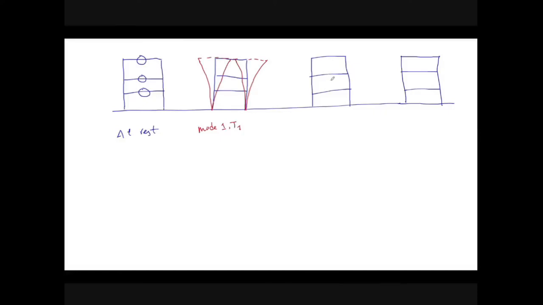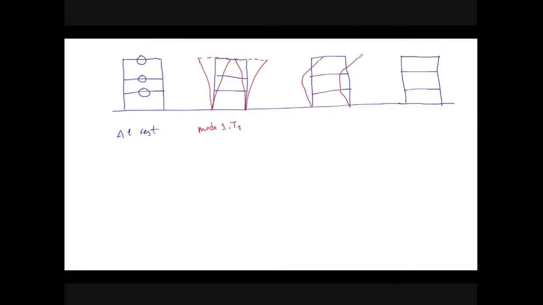In mode 2, the column will move in this manner. You can see now that the top floor is moving towards the right direction, but the first and second floor are moving in the left direction.